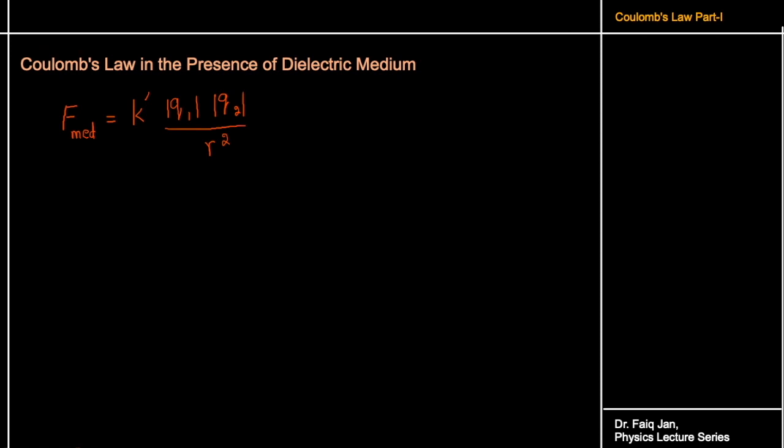We can write this equation as K by epsilon r, mod Q1 into mod Q2 by R squared, where K prime from equation number 4 is replaced by K by epsilon r.